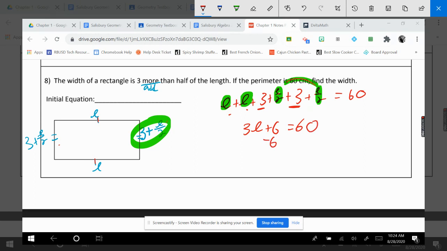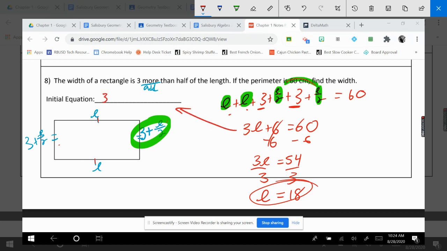Subtract 6 on both sides. 3L is equal to 54. And when you divide both sides by 3, the length is 18. Still not the answer it wants. Oh, and I guess our initial equation we could write here.